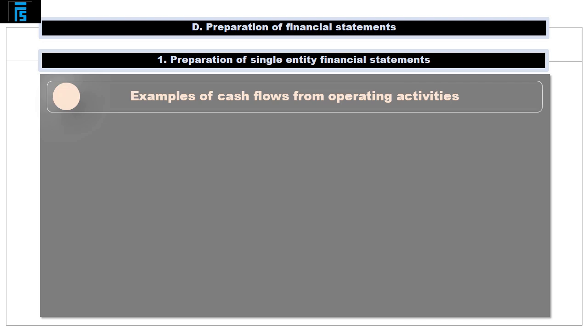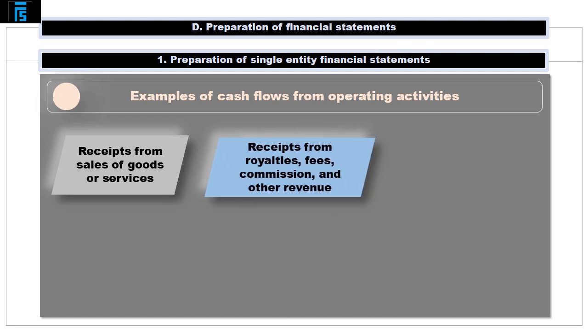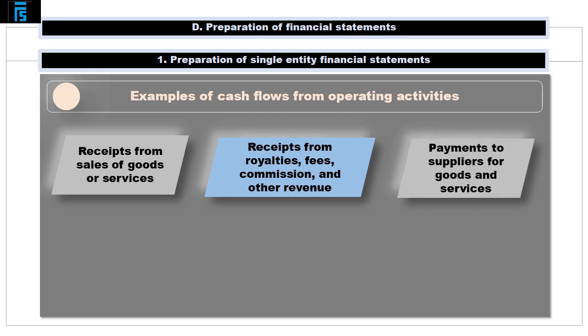The standard provides the following typical examples of cash flows from operating activities. Cash receipts from the sale of goods and the rendering of services. Cash receipts from royalties, fees, commissions, and other revenue. Cash payments to suppliers for goods and services.